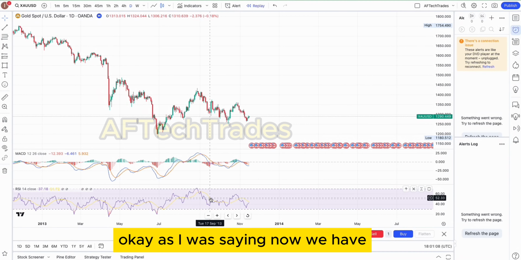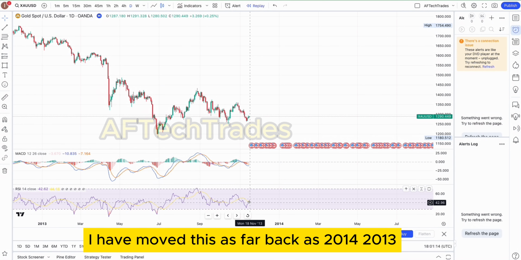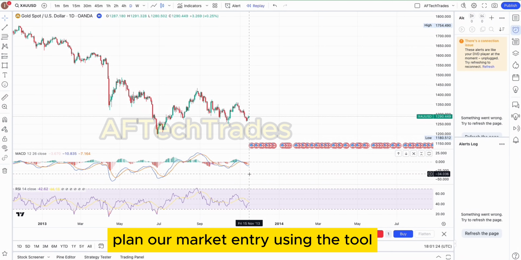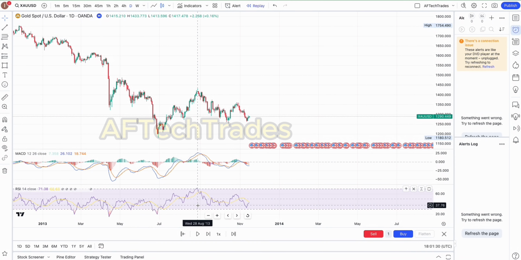Okay, as I was saying, now we have moved this as far back as 2013, 2014. So let's begin to plan our market entry using the tool, the MACD, and also the relative strength index.